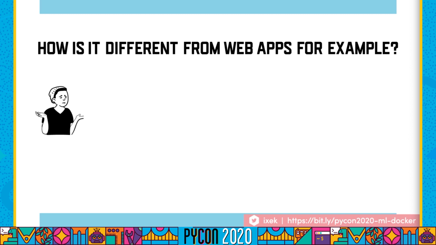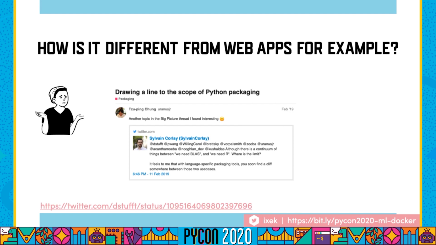So how is actually creating containers for data science projects different from web apps? One of the first things that I mentioned is that we can have very complex setups and dependencies and installations. A lot of folks have been discussing this very openly in our Python community, because this is not a problem completely inherent to our data science or scientific computing ecosystem.